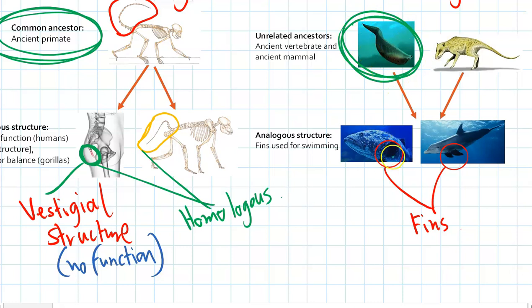Fish evolved fins later, but dolphins, well, they've evolved from these ancient mammals here, and they obviously had 4 legs, so they've evolved their front limbs to be flippers and fins, which means the fins of a fish and the front flippers of dolphins are analogous because they haven't come from a common ancestor.